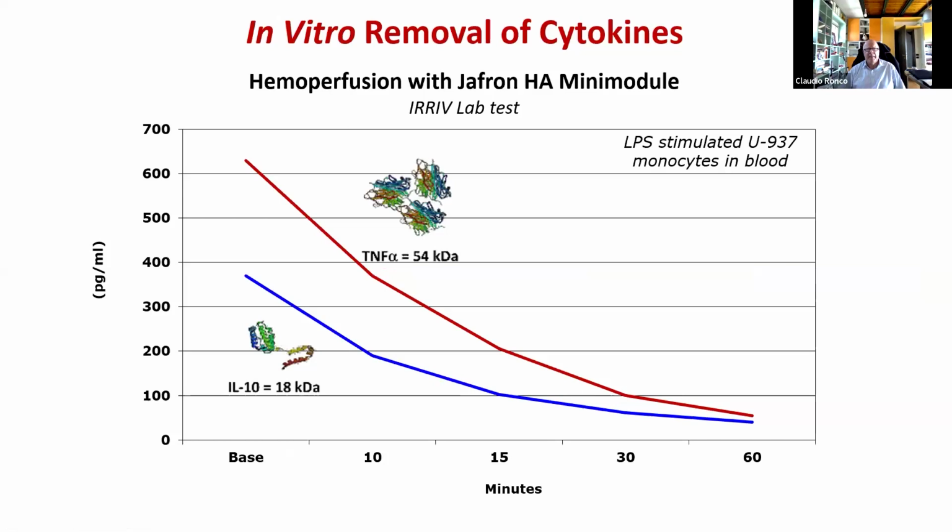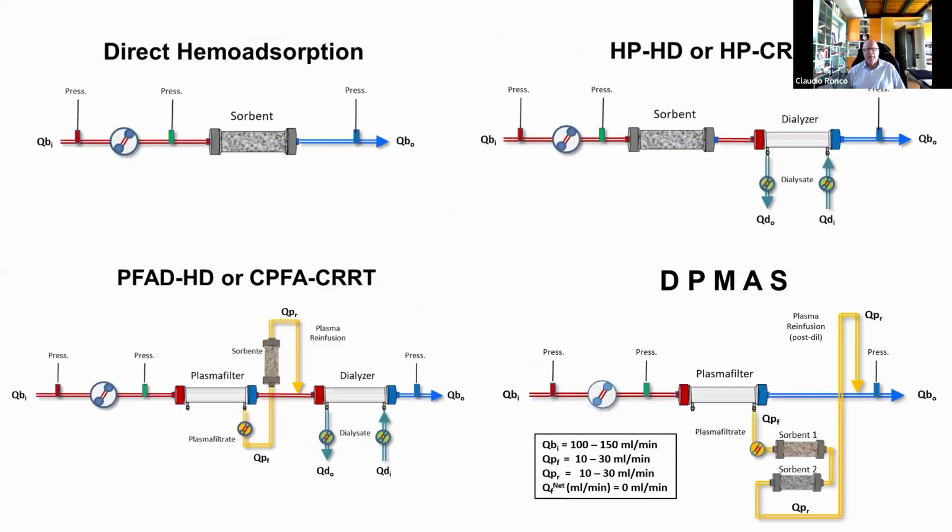Studying in vitro the capacity of this sorbent, we have detected high capacity for removal of pro and anti-inflammatory mediators already in the range of 30 to 60 minutes, therefore maximizing the response and achieving the concept of the peak concentration hypothesis, which is a normalization of the peaks in different pro and anti-inflammatory mediators and somehow restoring a kind of immunohomeostasis.